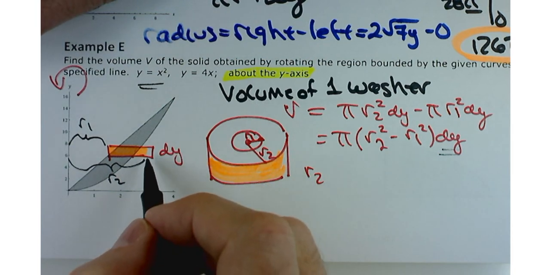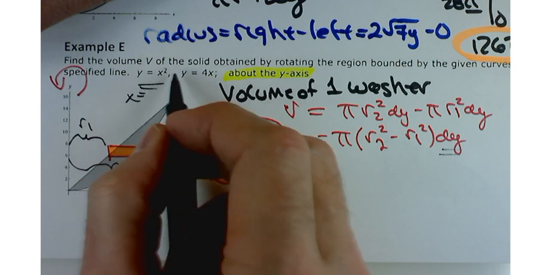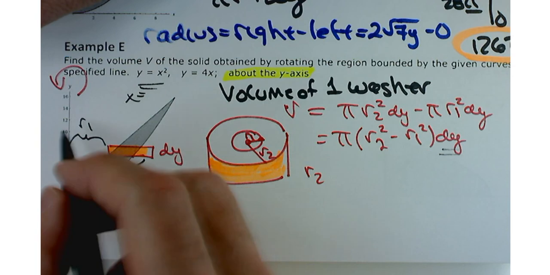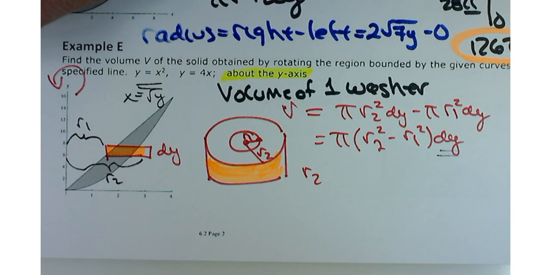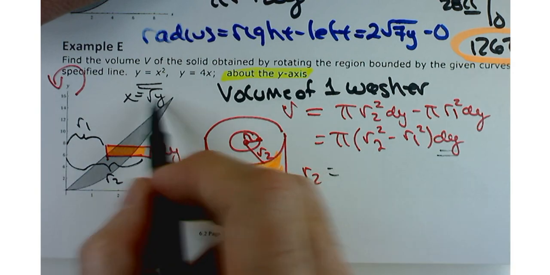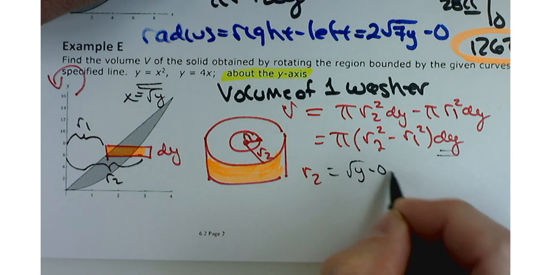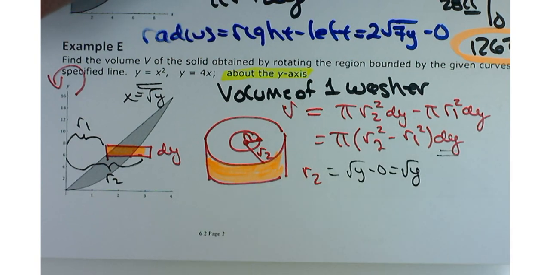You kind of need to solve for x. So x would equal plus or minus the square root of y. In our case, because we're to the right of the y-axis, we'll just use the positive one. So it's going to be square root of y minus 0, or just square root of y. That's going to be my R2.